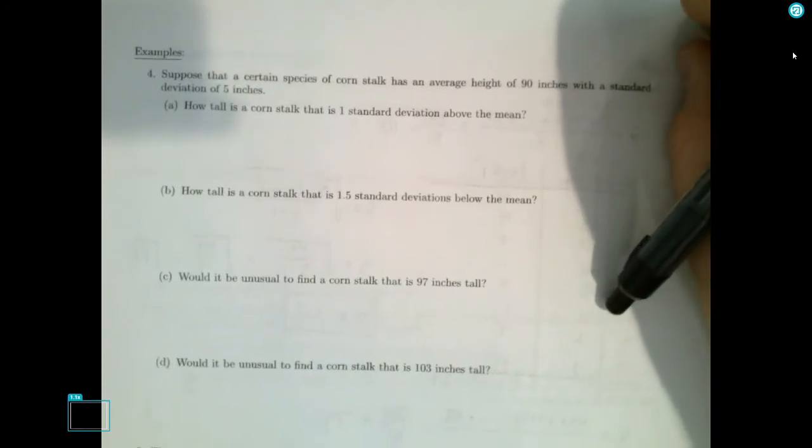Okay. So suppose that a certain species of corn has an average height of 90 inches with a standard deviation of 5 inches. Okay. So the average height is 90, the standard deviation is 5. How tall is a corn stalk that is 1 standard deviation above the mean?